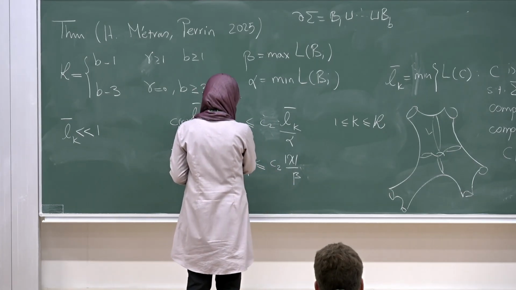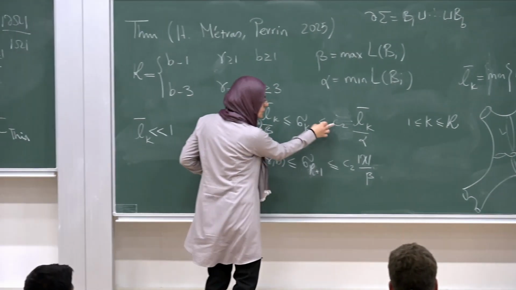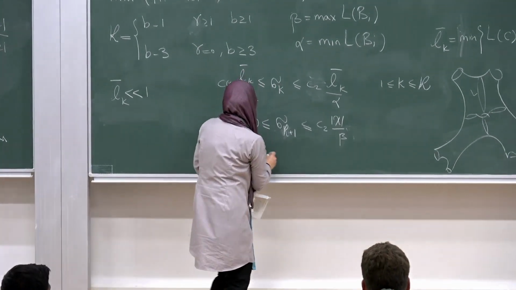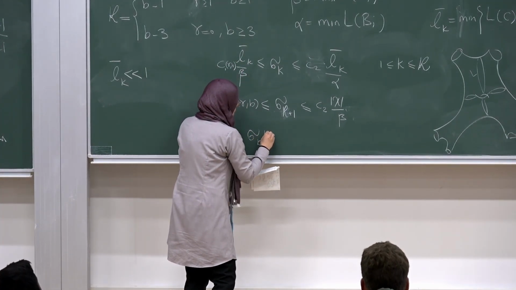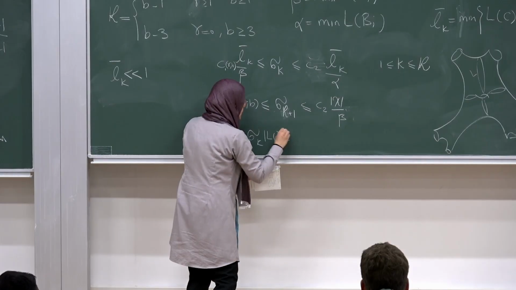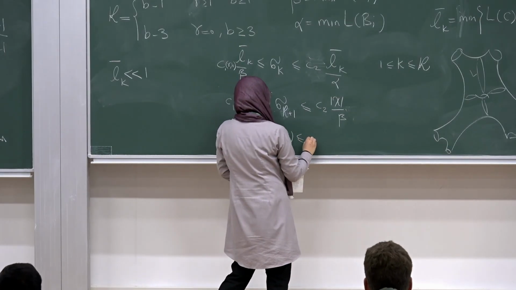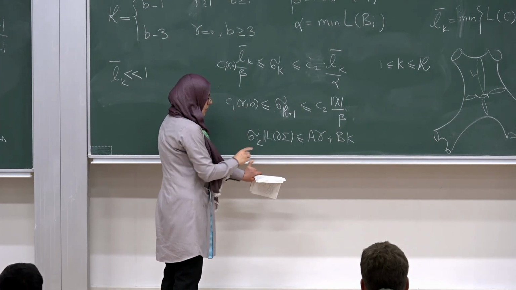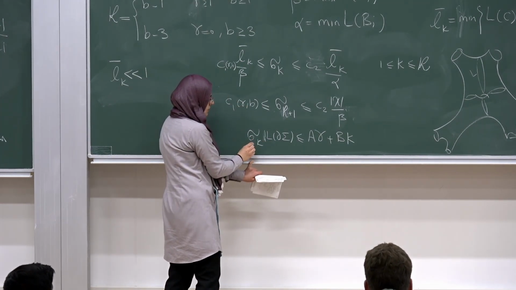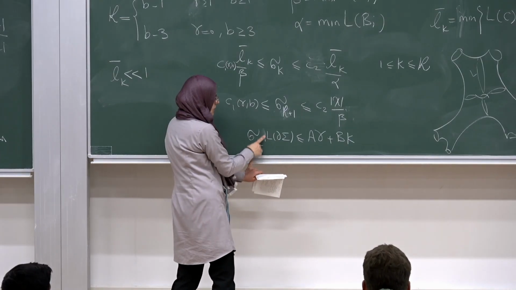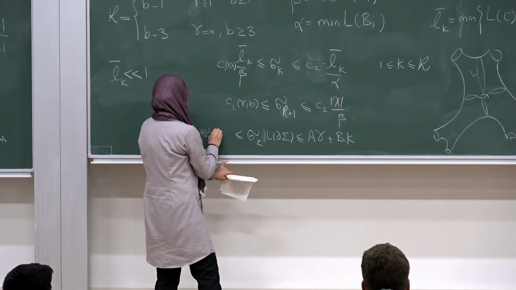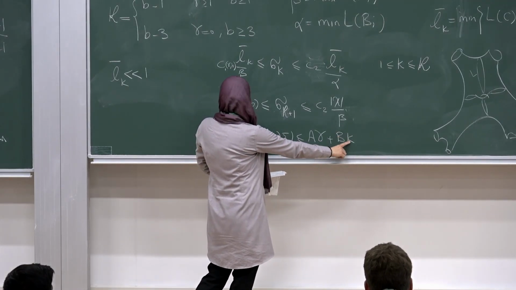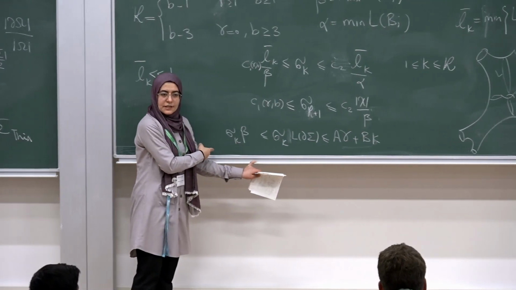Because if beta is arbitrarily large, I mean here I didn't put the minimum things. So this bound comes from sigma k times the length of the boundary is bounded by a times gamma plus b times k. So here I can put sigma k times beta, and this k is in terms of b, so it's coming from this upper bound.